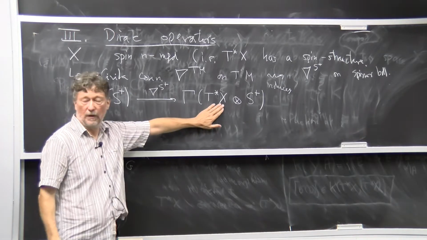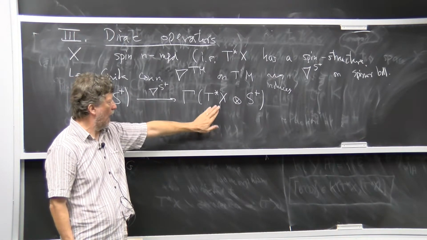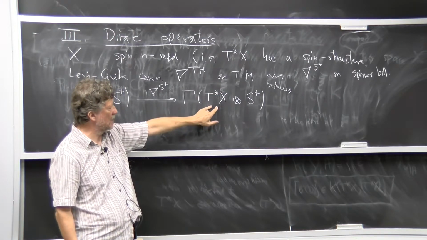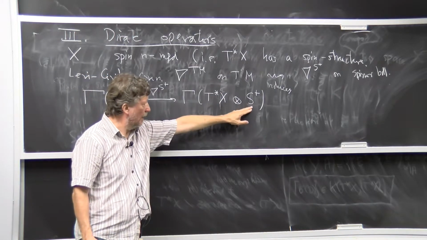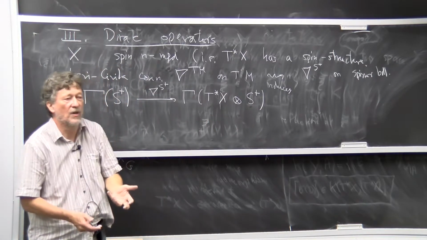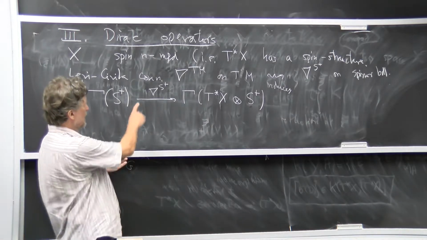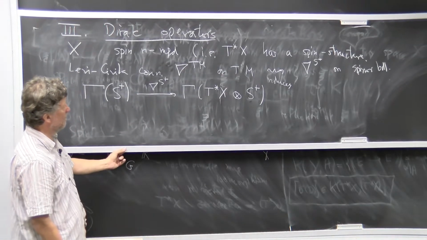Right, since if you give me any tangent vector, I can evaluate this section on this particular tangent vector to get an element in S plus, and that's sort of like the derivative of the original section in the direction of that tangent vector. So that's how I wish to think of connections.